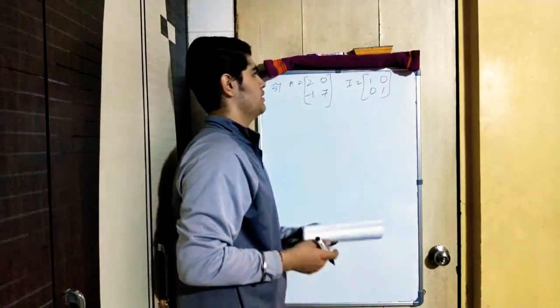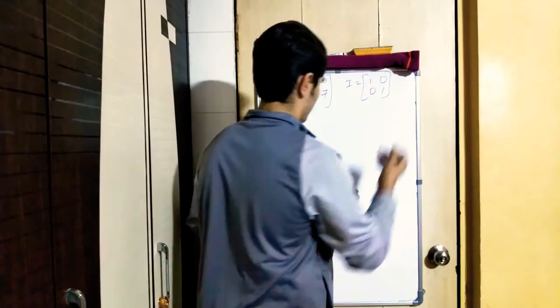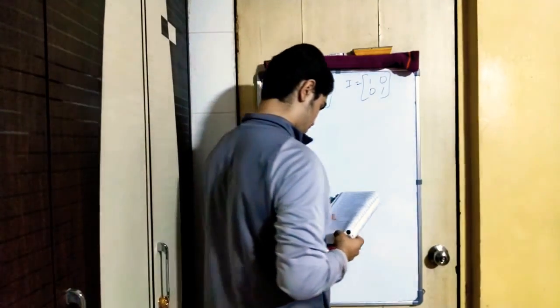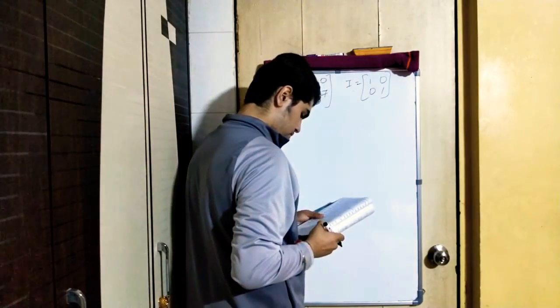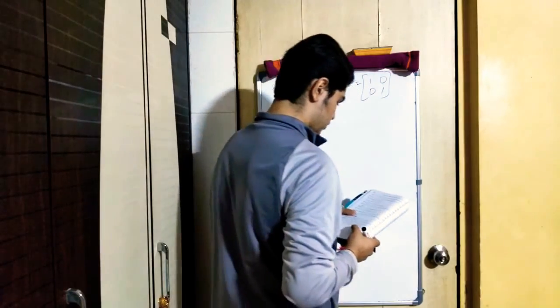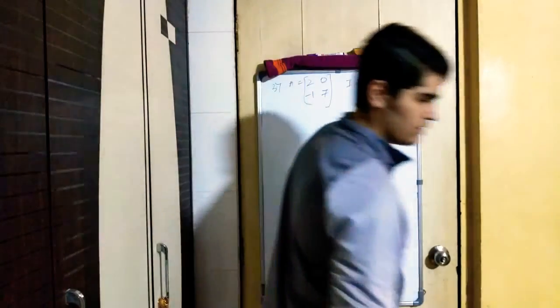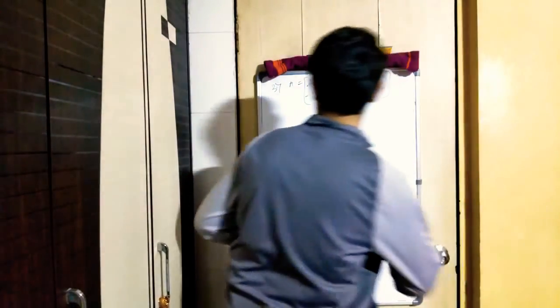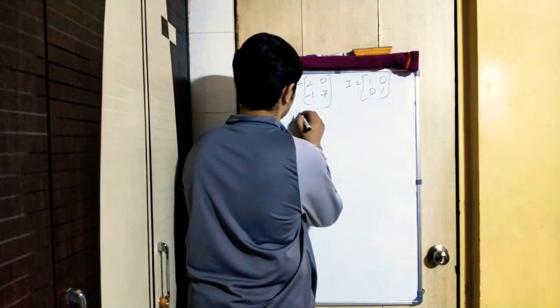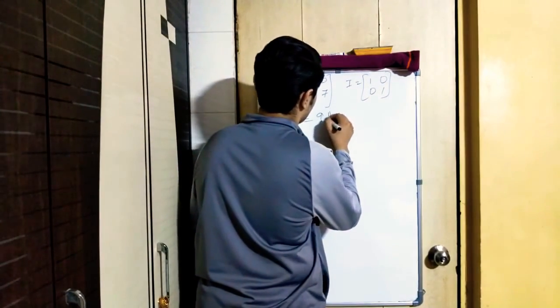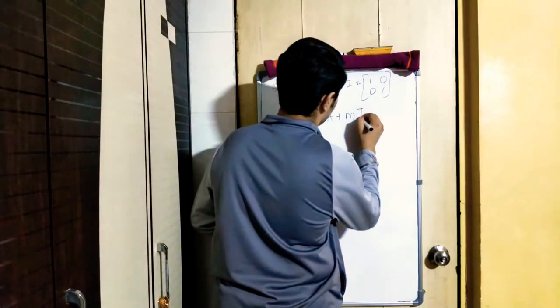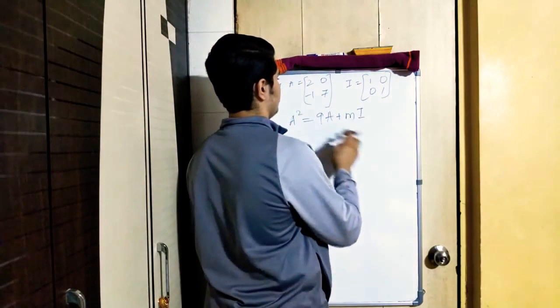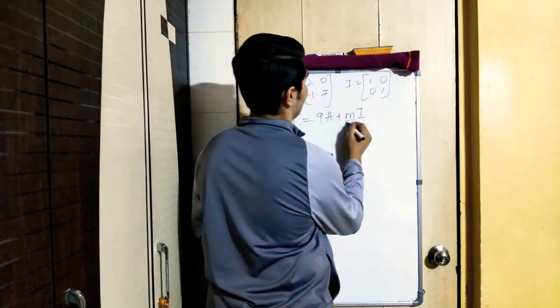It's easy to remember the value of I, it's just 1001. So we are told to find A square is equals to 9A plus MI. I here is given, A is given, we are told to find M.